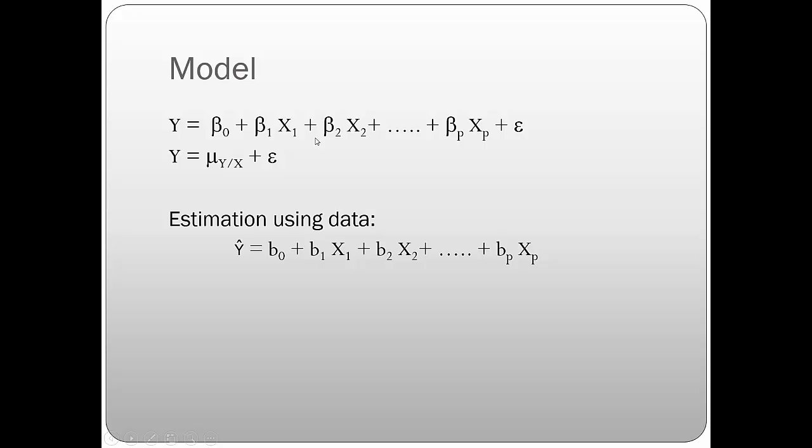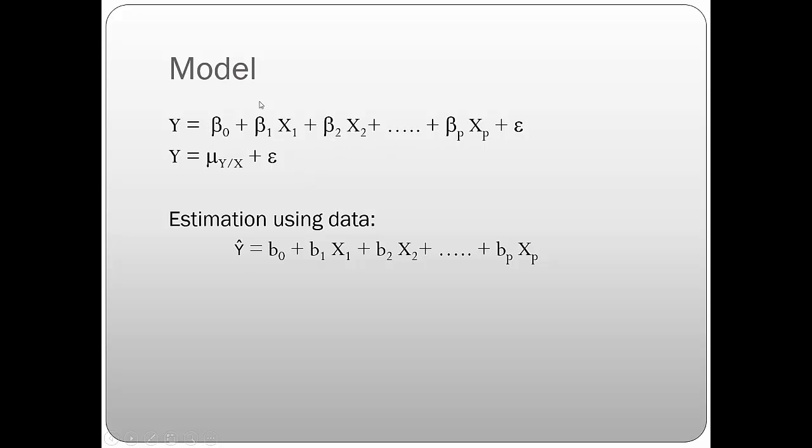And in the course of regression modeling, we will come up with an estimate of these coefficients. So these coefficients, beta sub 0 through beta sub p, are unknown because they are for the population. So we don't know what values are for those coefficients, but using the data that we have taken from the population, we're going to try to estimate the best possible values for these beta coefficients.